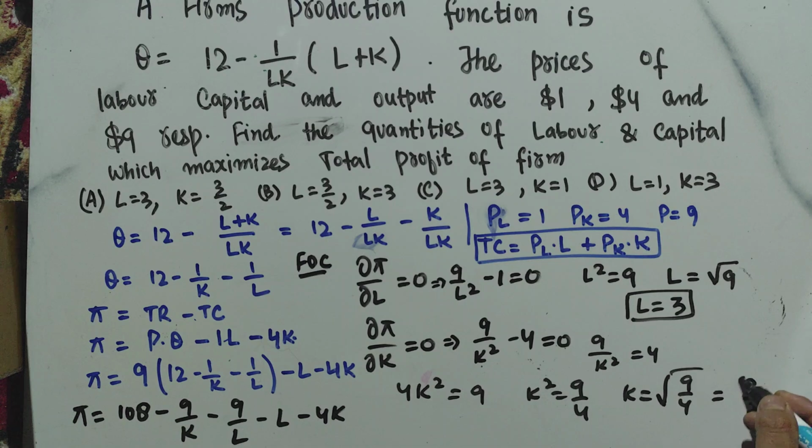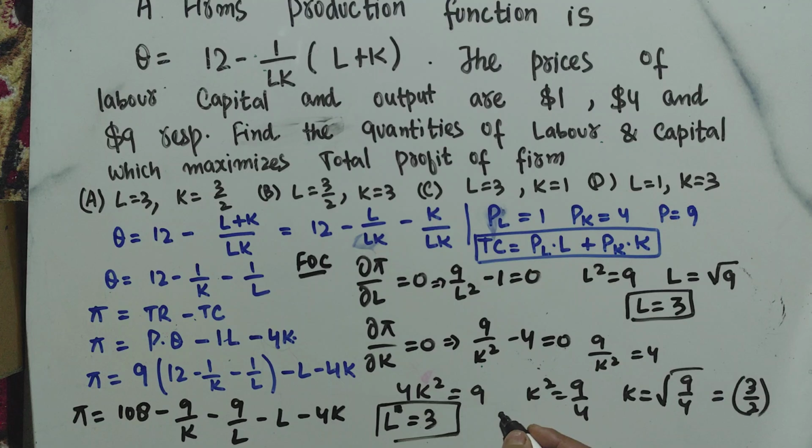So the profit maximizing units of labor and capital will be 3 units of labor and 3 upon 2 units of capital.